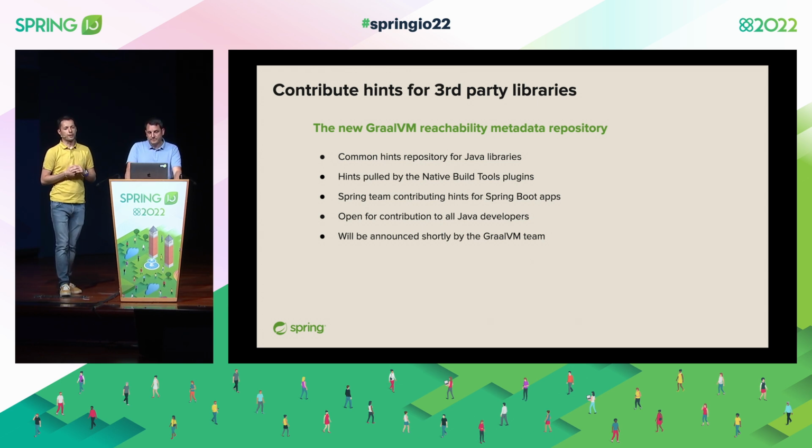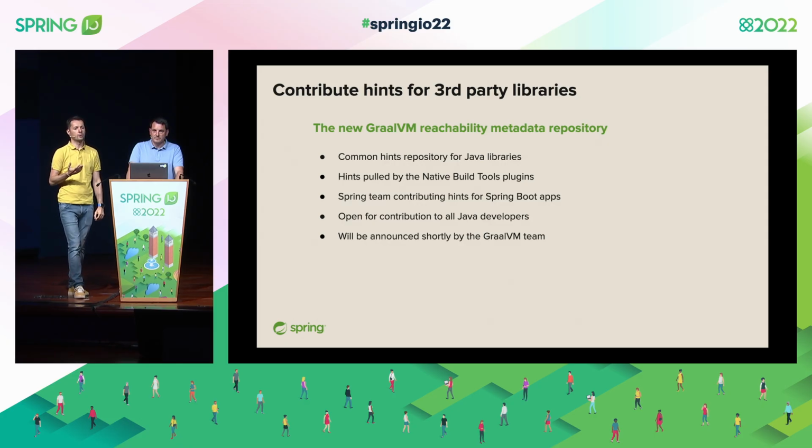At this point, you might be thinking, I'll probably have to contribute reflection hints and so on for everything under the sun, including a bunch of libraries like logging libraries. The good news is, first, a few libraries already contribute their own, including Netty and Tomcat. But the Java ecosystem is huge, and we can't wait for all the projects to keep up and have those hints declared.